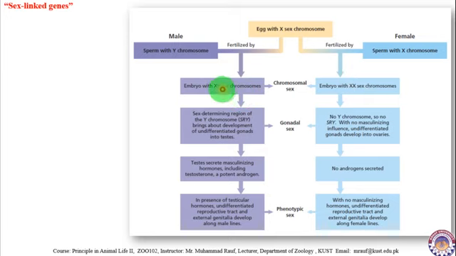Now here the Y chromosome already discussed carries the SRY gene.